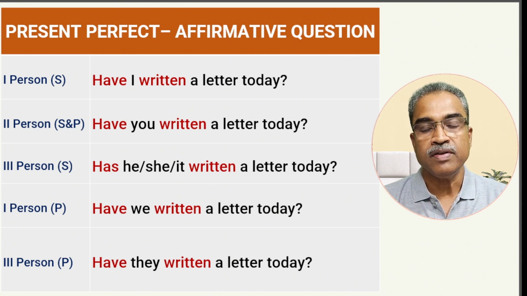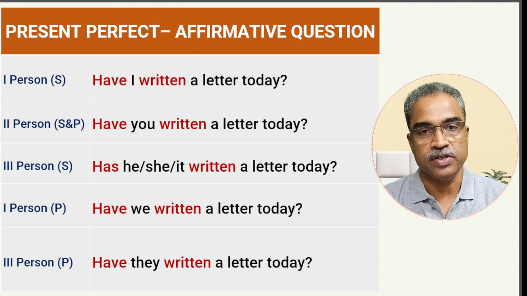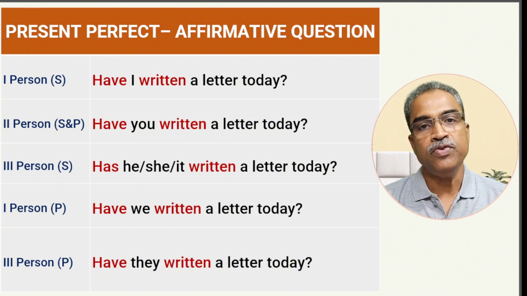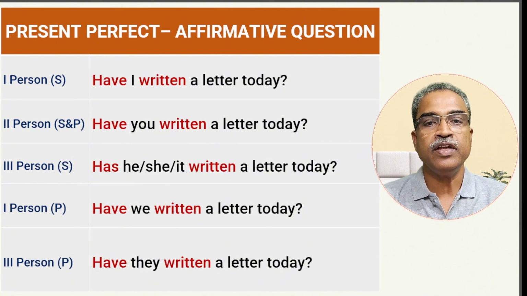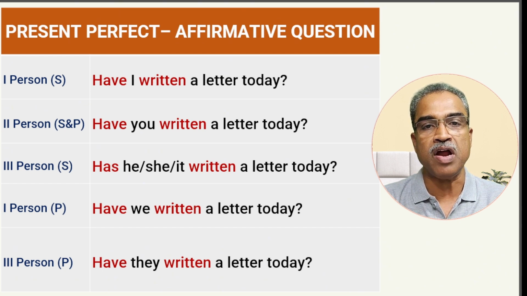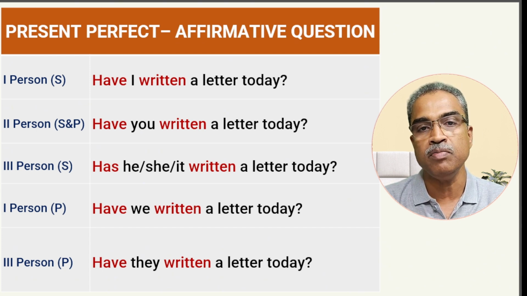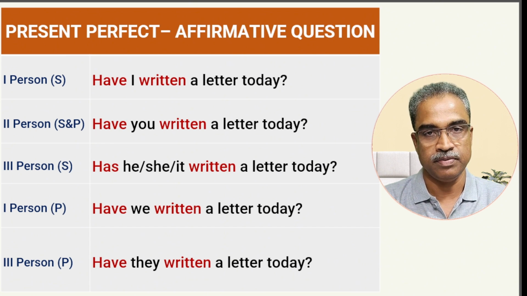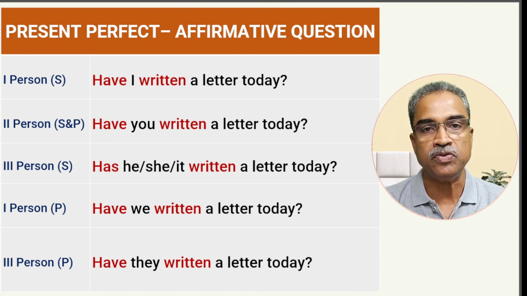This is how we ask questions. Now, if you are looking for some specific information, then the question will have one more word. And that word you have to put right in front, even before the auxiliary verb. Do you understand what I am trying to tell you here?